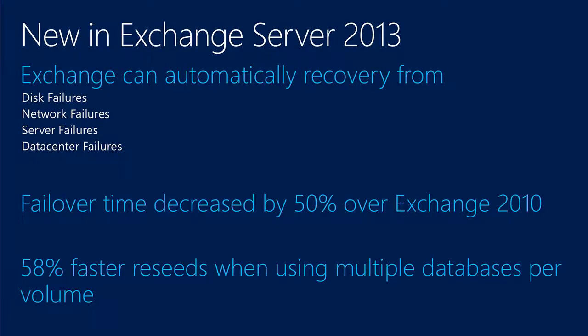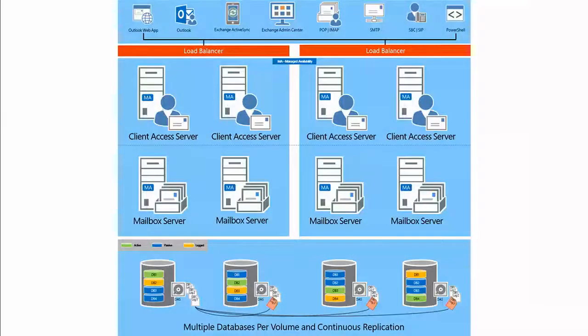So for Exchange 2013, we now see database failovers happen in our production environments at about 10 seconds or less. But of course, we can't guarantee 10 seconds, so we generally say 30 seconds or less, your database will fail over and become active somewhere else. So we have done some improvement there. We've also introduced a new architecture design called multiple databases per volume.